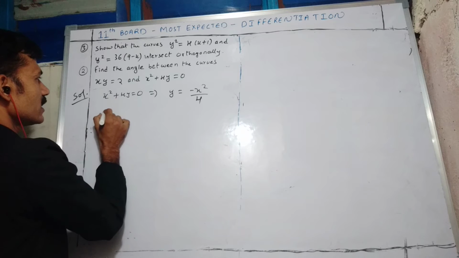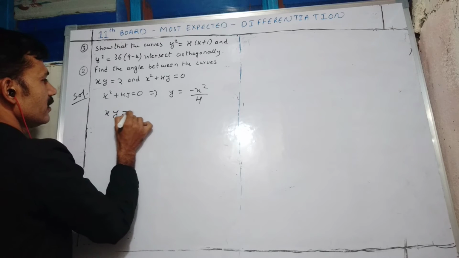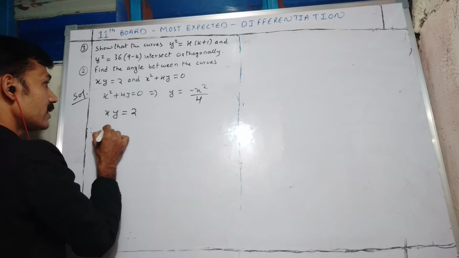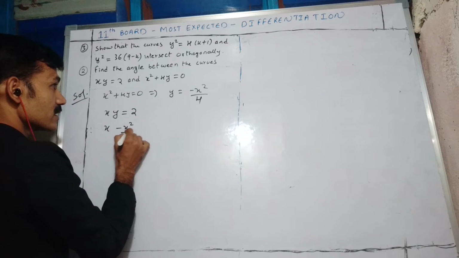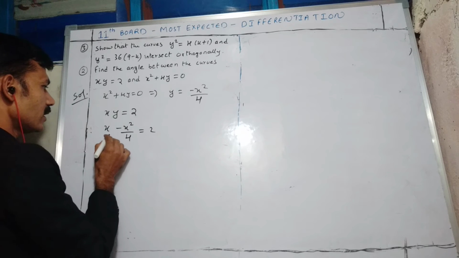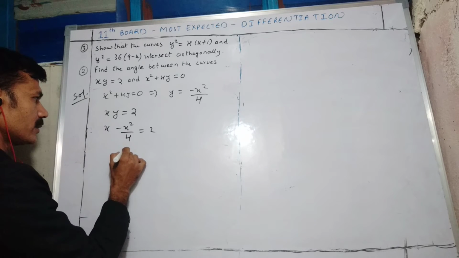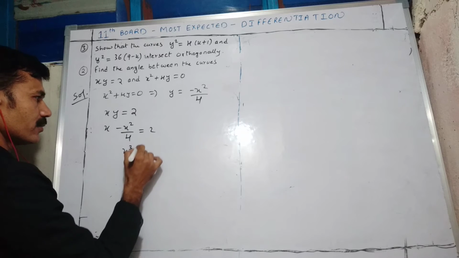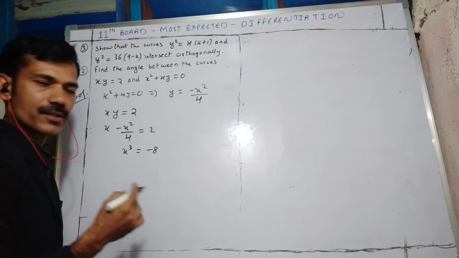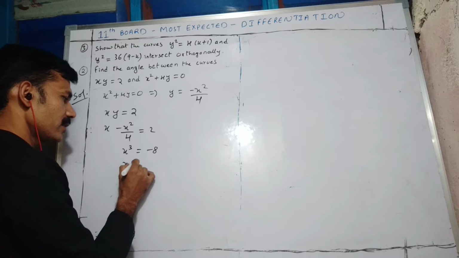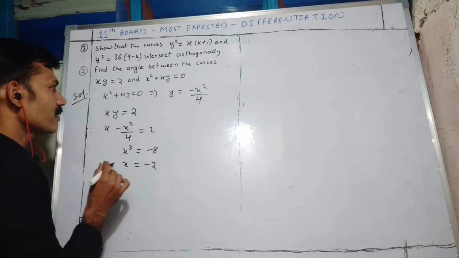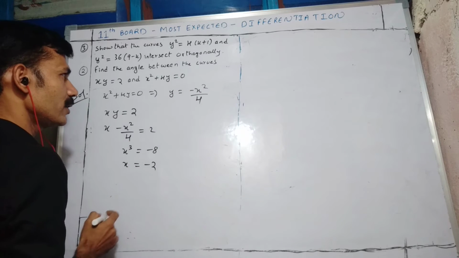So the first equation we are having, x into y equal to 2. In y's place I can write minus x square upon 4. Now what we will do, x cube, here we will get 4 times 2 is 8, minus 8 we can write. If x cube is minus 8, what is the x value? Minus 2.